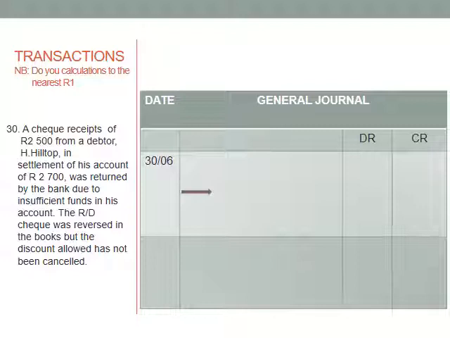The 2,500 rand as an RD check was cancelled and reversed in the accounting records, except for the discount allowed of this transaction. Therefore, to reverse the discount allowed, the accounts receivable will be debited with the full amount of 200 rand.